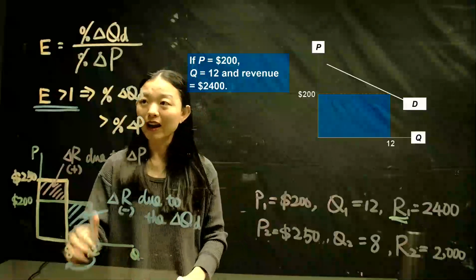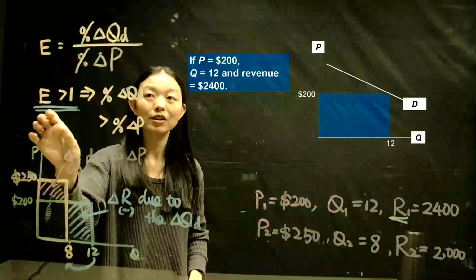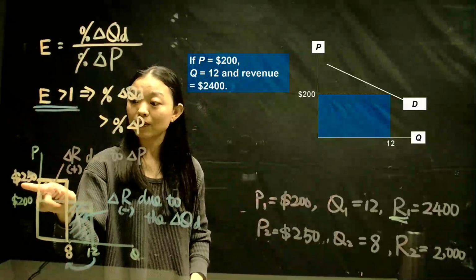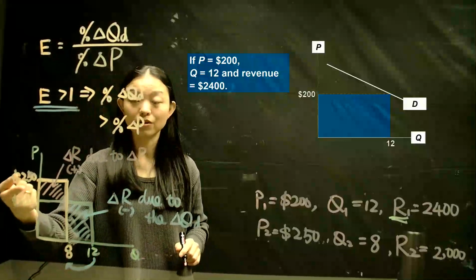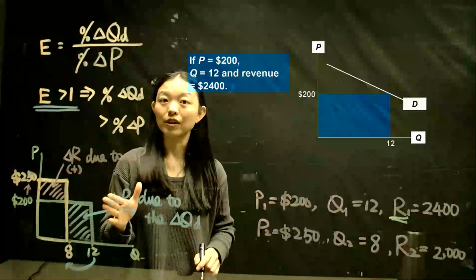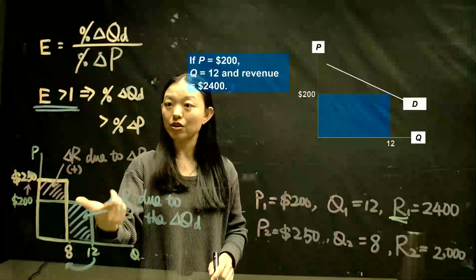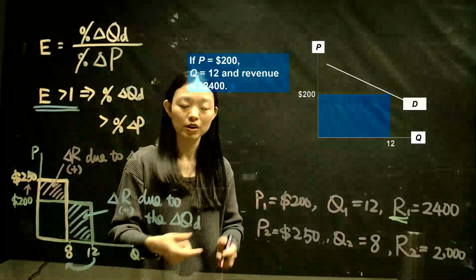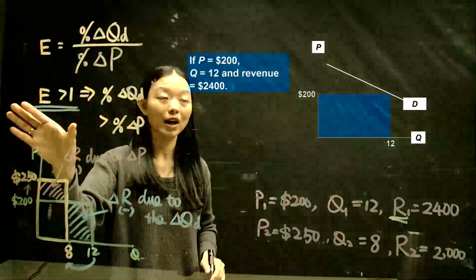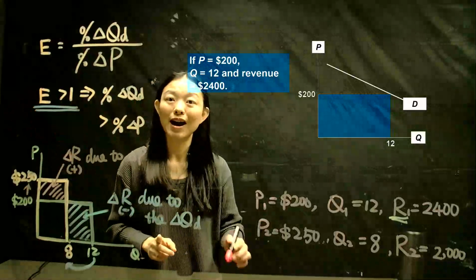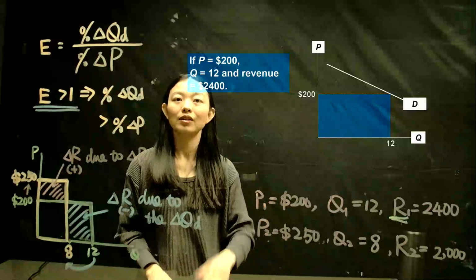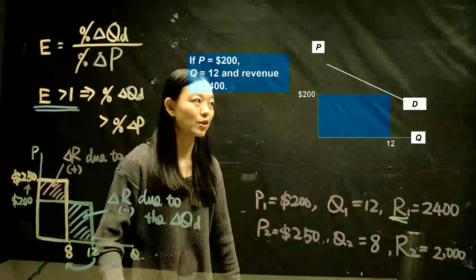That is why, if you have this type of product, increasing price from 200 to 250 is not a good strategy because your total revenue will decrease. If you have this product, the good strategy for more revenue is cutting price.